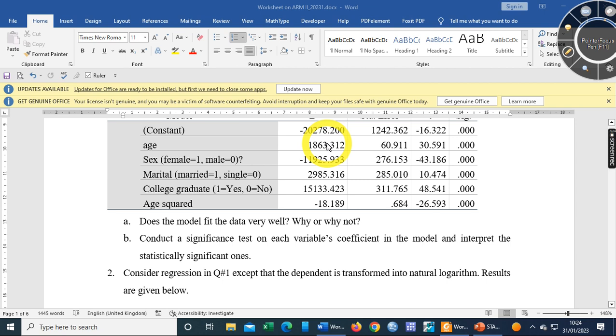This implies that as age of the respondent increases by 1 year, real income increases by $1,863.312 on average, keeping other variables in the model constant.